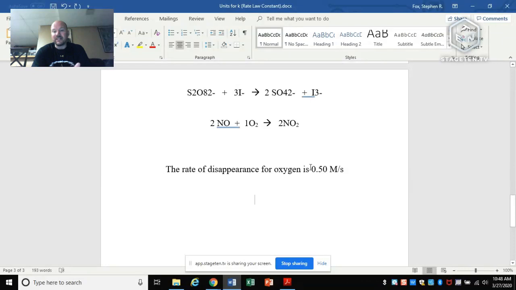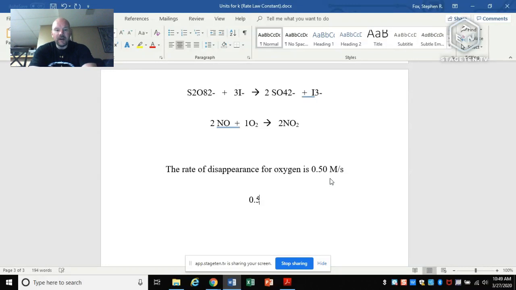The oxygen is decreasing by 0.5 molar every second. So if it started at 1, after a second you're going to have 0.5, and after another second you're not going to have anything left, right? That's not really what ends up happening. This is the average rate. It's not the instantaneous rate, that's different. But that's what it means: that's how much you're losing per second.